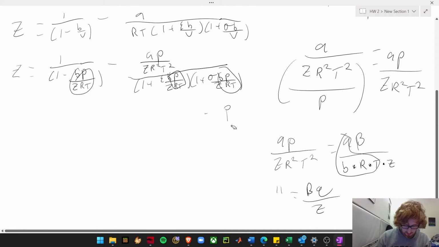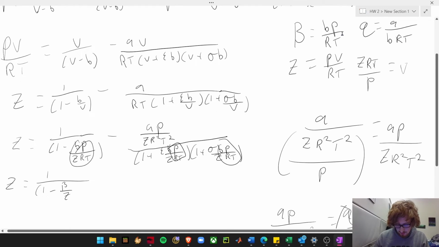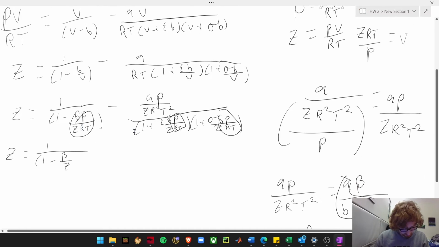And I'll give myself a bit more room. We don't need to rewrite beta. Z is going to be equal to 1 over 1 minus, one more look at, so we'll have beta over Z. And let me double check that. Always worried about messing up our beta here. BP over RT. That looks good.